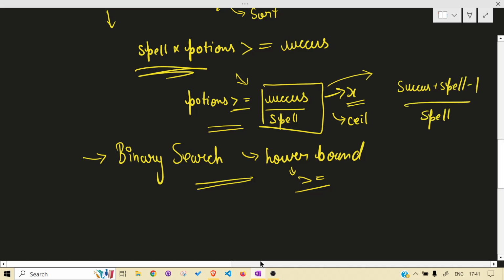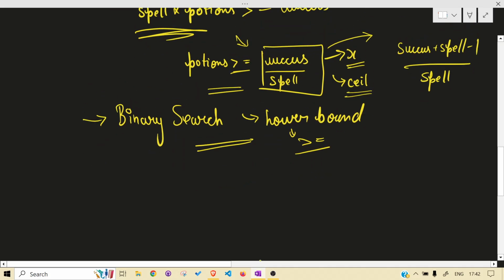This is also a way to avoid ceil. We are taking ceil over here for an obvious reason: we need a whole number to search, not some decimal number.